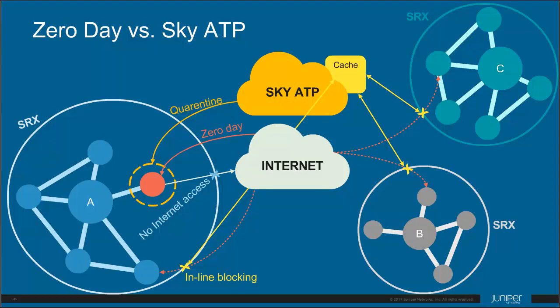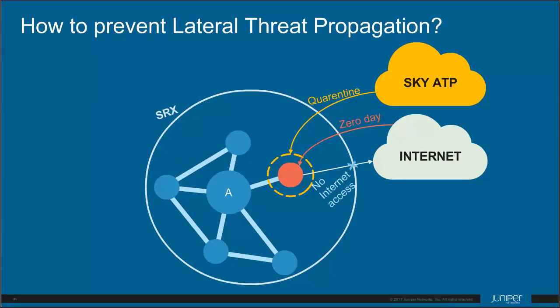Now, something that you might be wondering is how to prevent lateral threat propagation. So let's assume in customer A, let's take the same example, but focus only on customer A. Assuming that we have this infected host and that we have quarantined it so that it doesn't have internet access anymore, how do we prevent this threat from spreading across the local area network where this infected host is?